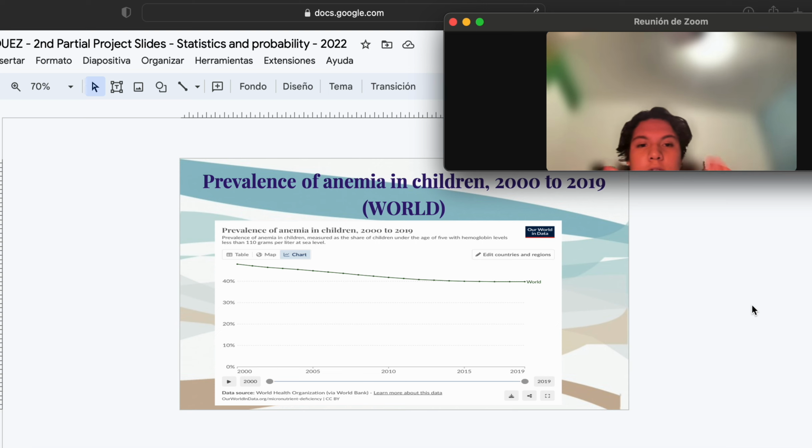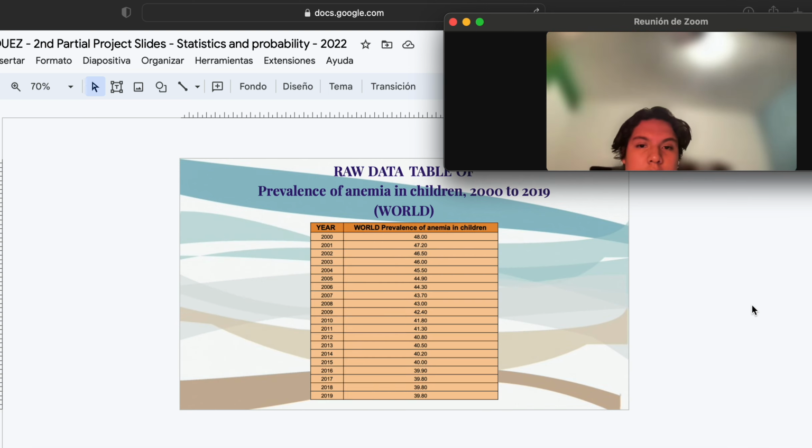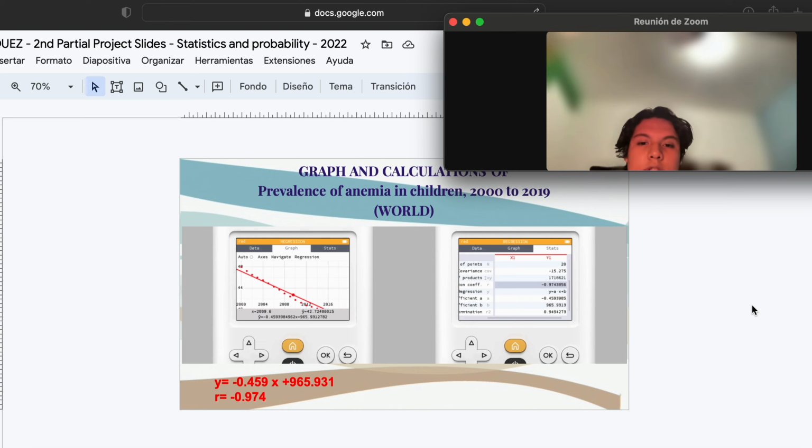First, our first chart is about the world. I took the raw data of the chart to create a table and then put it in NumWorks to give me the graph and the stats. With that data, I basically get the linear regression equation and my regression coefficient.